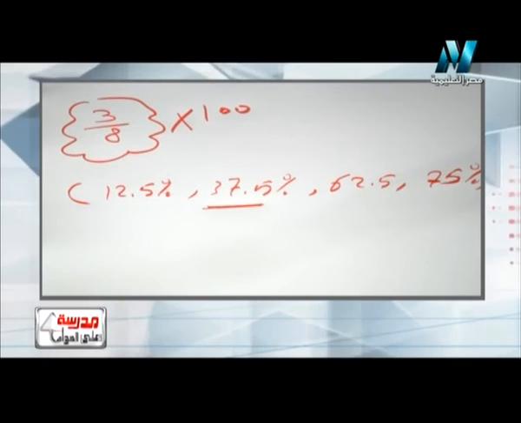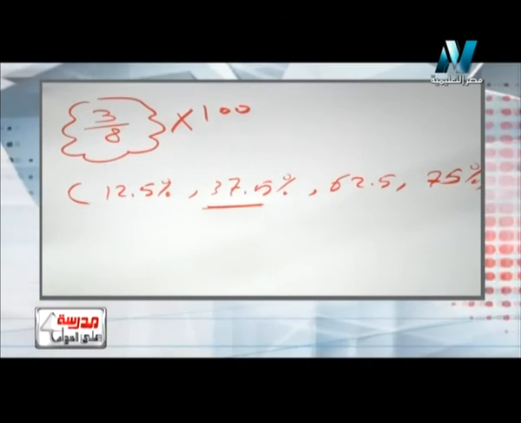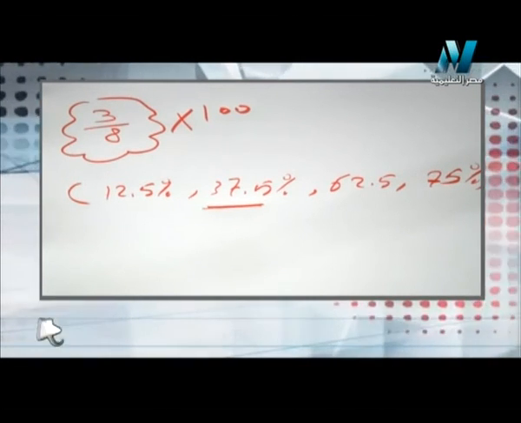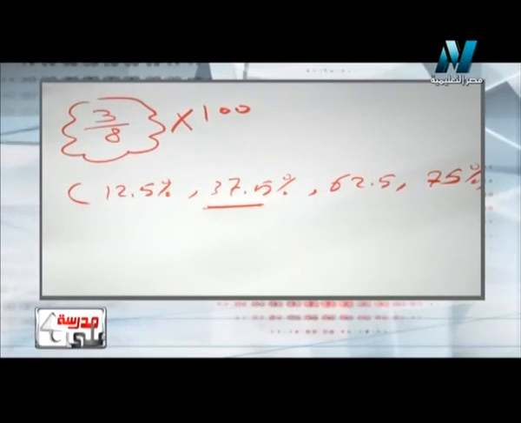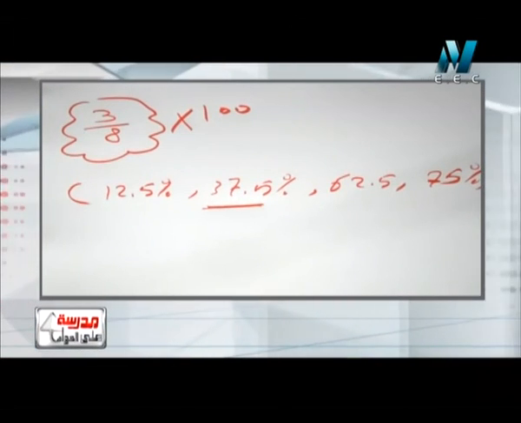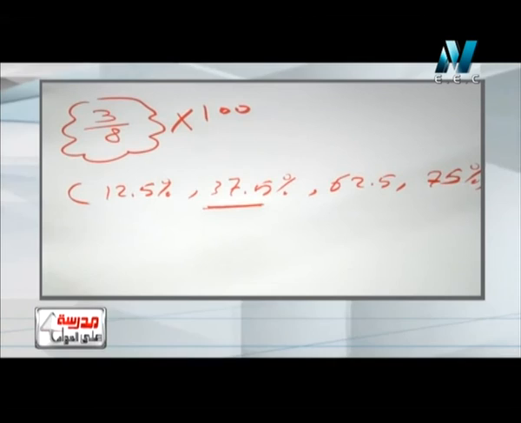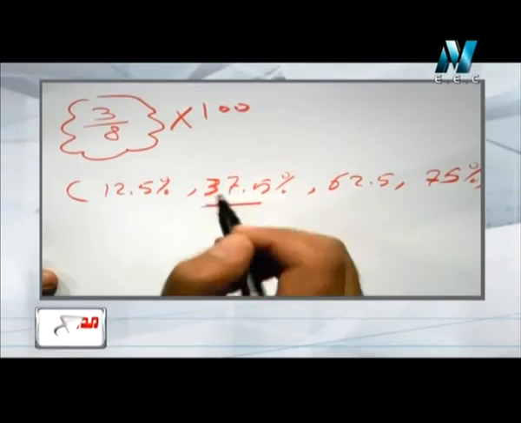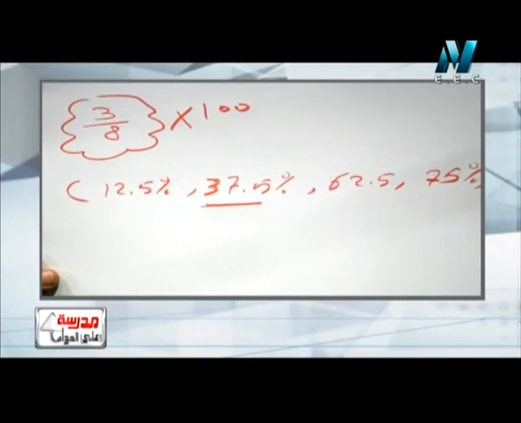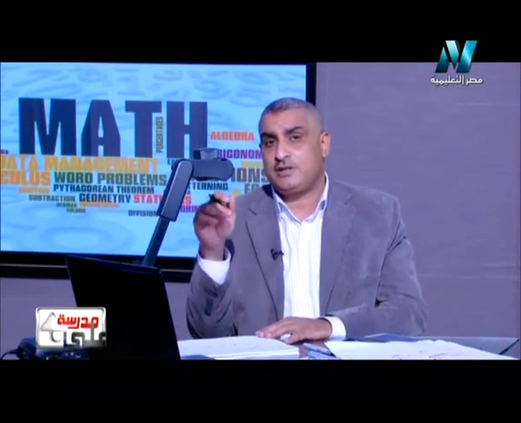3 over 8 times 100 equals, as we said, 37.5. Don't forget, if we have any fractional form or decimal form and we want to convert it to be a percentage, just multiply it by 100.